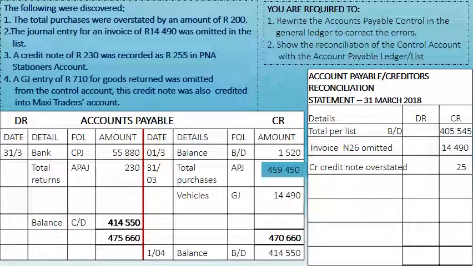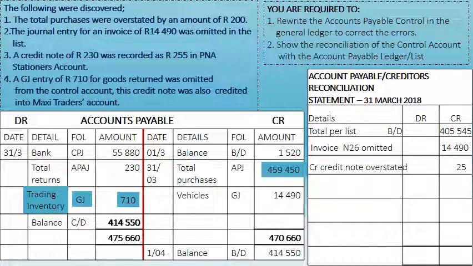Entry number 4, it's a general journal of 710 rand for goods returned, which was omitted from the control account. We will go to the debit side of the general ledger, show the entry because it comes from the general journal as trading inventory, the folio general journal, the total amount 710 rand.